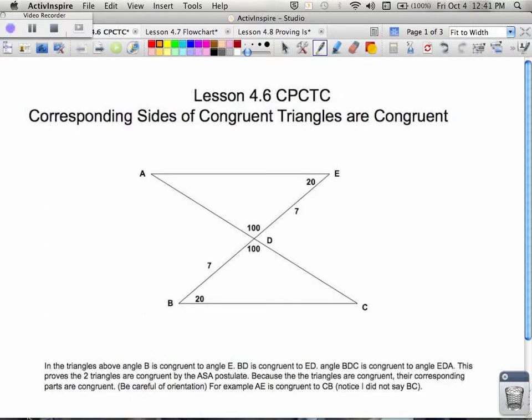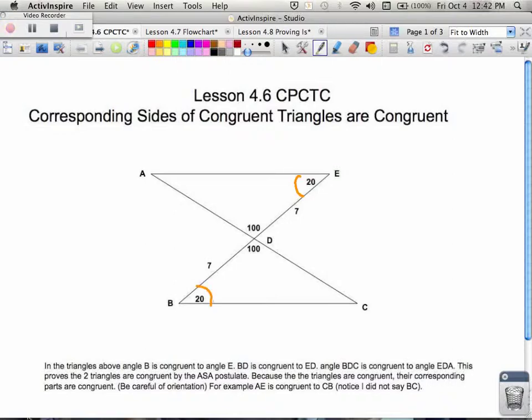In lesson 4.6, we're going to learn why we've been trying to show that two triangles are congruent. In the current picture, we notice that the angle 20 is matching up in the triangle down below with the angle 20.